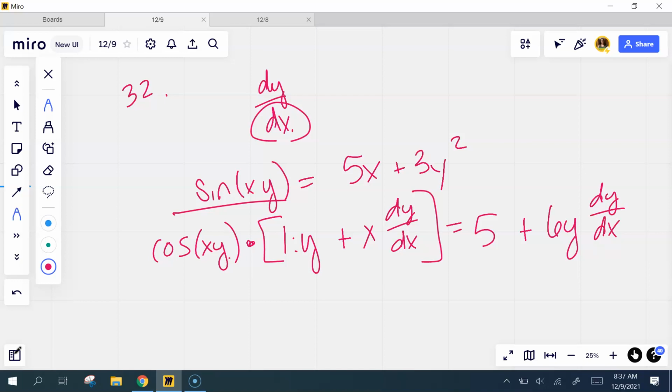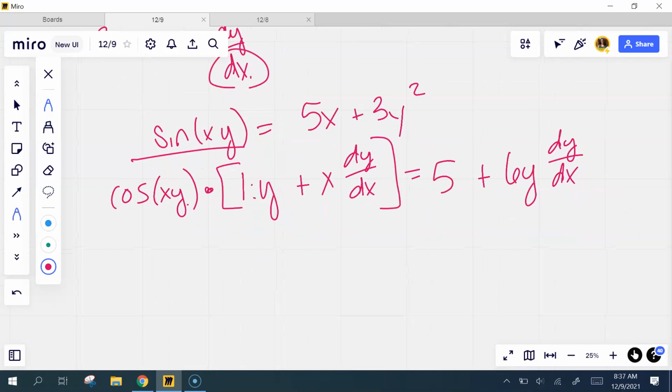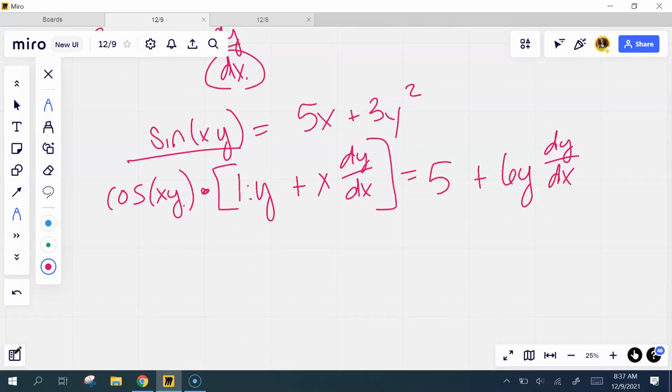Now I need to get dy/dx by itself, yes? So this is really y times cosine xy plus x cosine xy dy/dx. I'm just distributing this through.